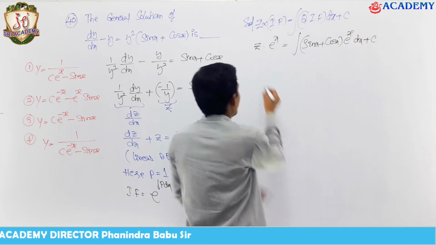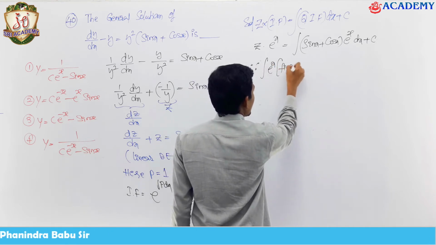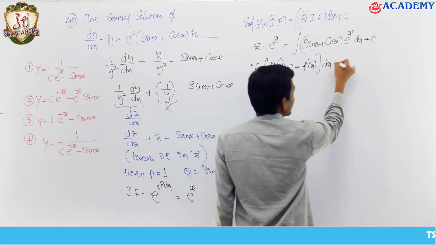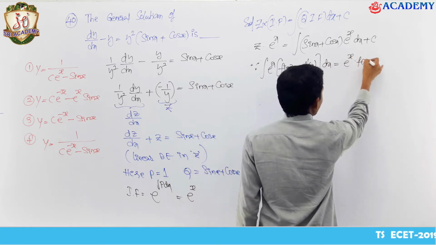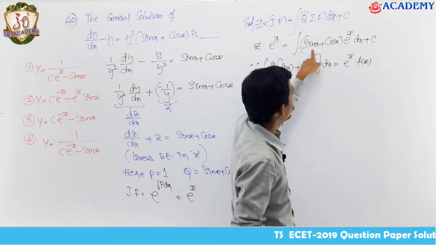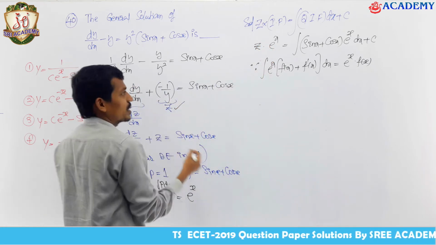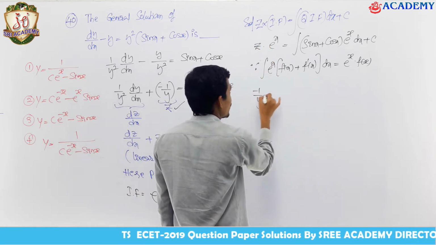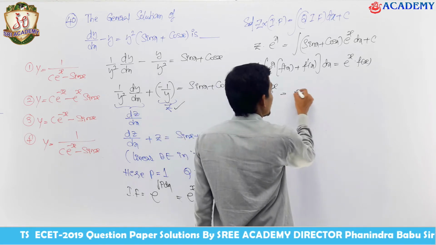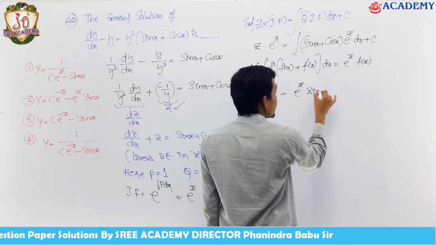See, it is in the form of integral e power x into f of x plus f dash of x dx, and the answer is going to be e power x into f of x. Here f of x is sin x, its derivative is cos x. Z is what we took, that is minus 1 by y, into e power x equals e power x into f of x, which is sin x, plus c.